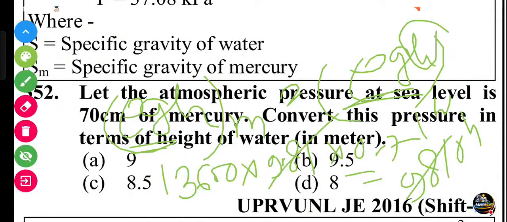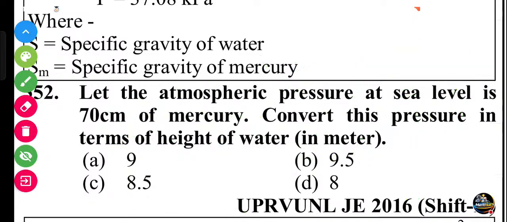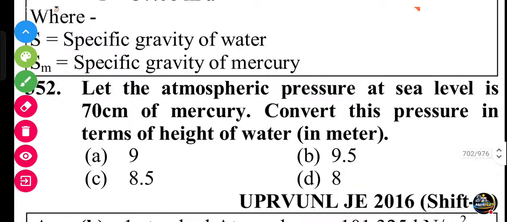9.81 cancels, 10 to the 3 cancels, so 136 into 7 divided by 100. Maybe this is the answer. Let's check the answer.